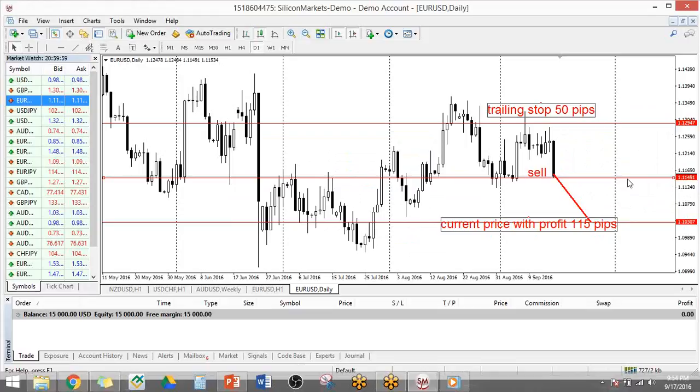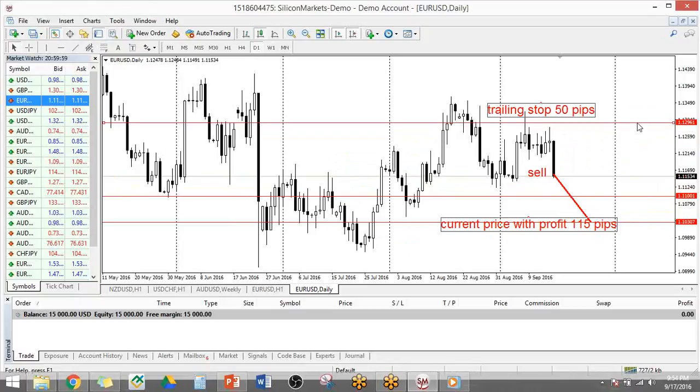If it moves by 50 pips, let's say it moved down to 1100, somewhere around that level, our stop loss also moves by 50 pips.